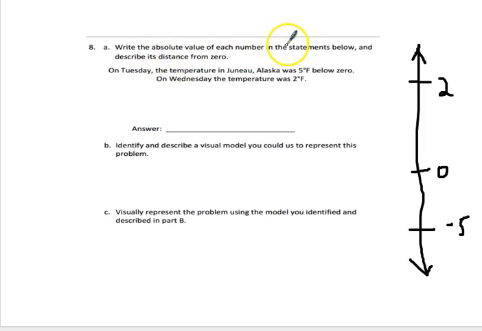And we need to say, describe its distance from 0. So -5 is 5 units from 0.